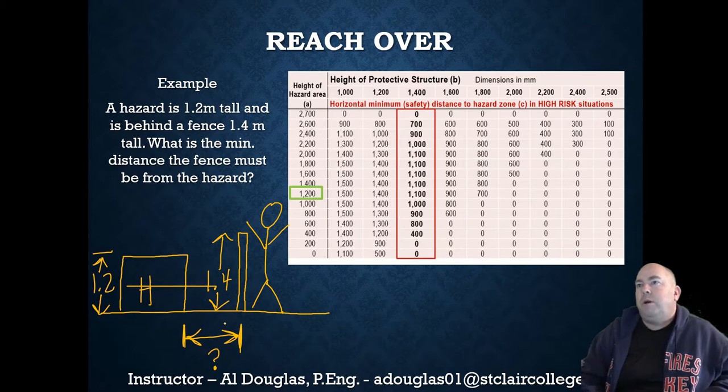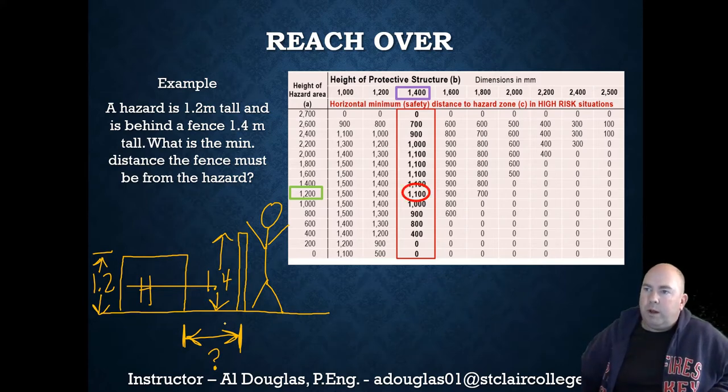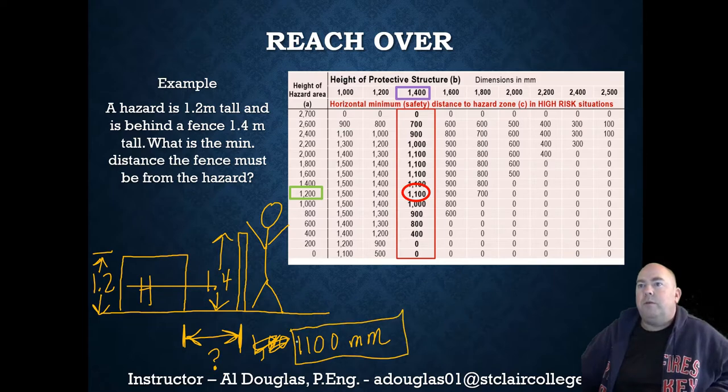Our hazard is 1.2 or 1200 millimeters. Our fence is 1.4 or 1400 millimeters. So 1100 would be the minimum distance that we're allowed to put there. That hazard must be at least 1.1 meters away from the fence. That is how we solve problems using this chart.